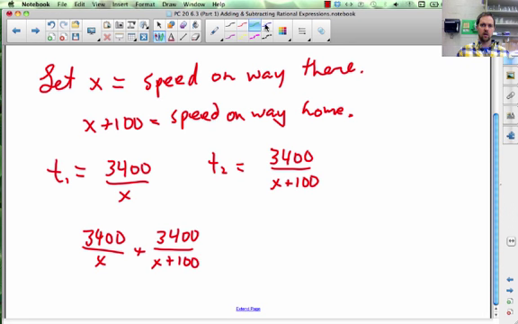Now, these denominators have nothing in common right now. So we need to multiply this one by x over x, and we need to multiply this one by x plus 100 over x plus 100.